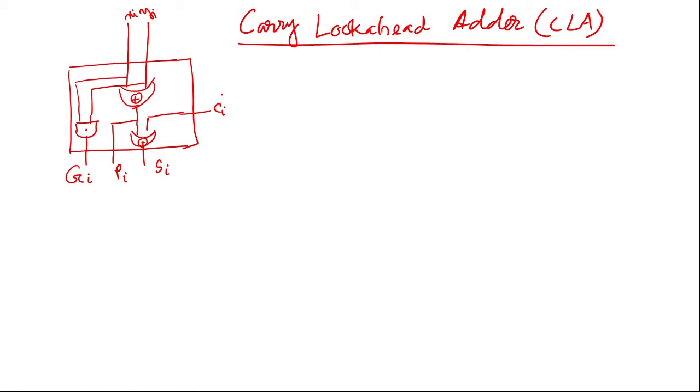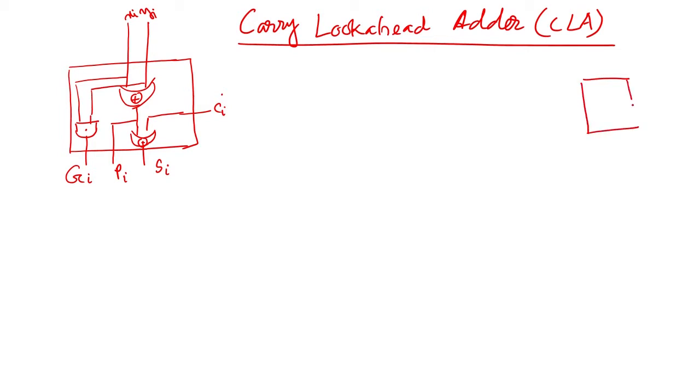In the carry look ahead adder, when I draw it like the earlier figure, we had something like this. This is x0 y0 and the input is C0, and this will have outputs G0 P0 and then the sum is S0.